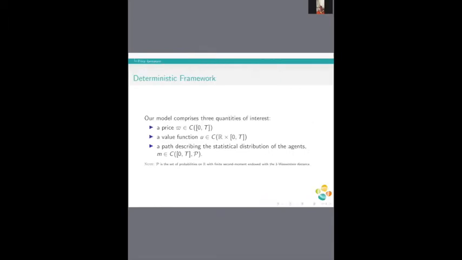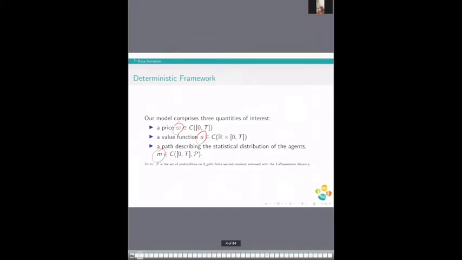So let's start with the deterministic framework because it's somehow easier to understand. Our model has three quantities of interest that we want to determine: a price, a value function, and the distribution of agents along time.